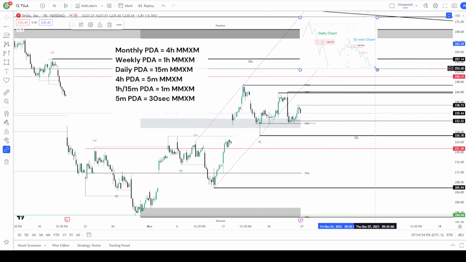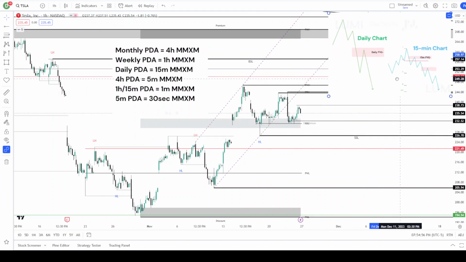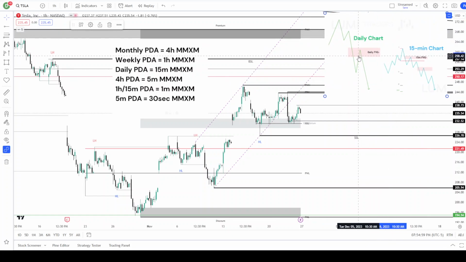This is the other piece we're going to look at. So instead of the daily chart here and a daily fair value gap, we're going to be looking at the 1 hour chart, and then we're going to look at the 1 minute chart to see if we found a fair value gap that we've traded into.